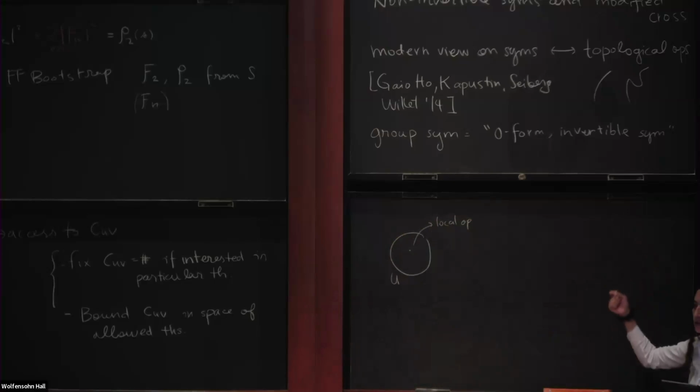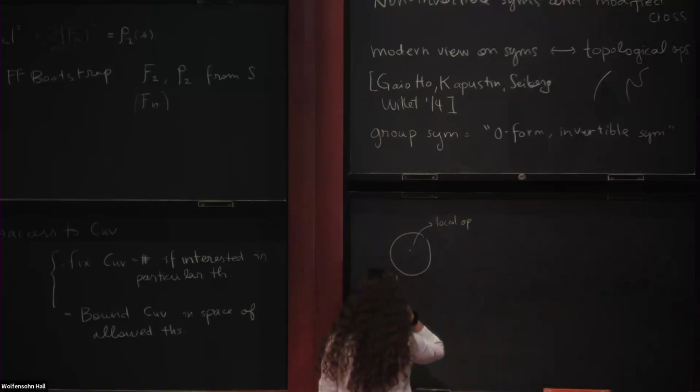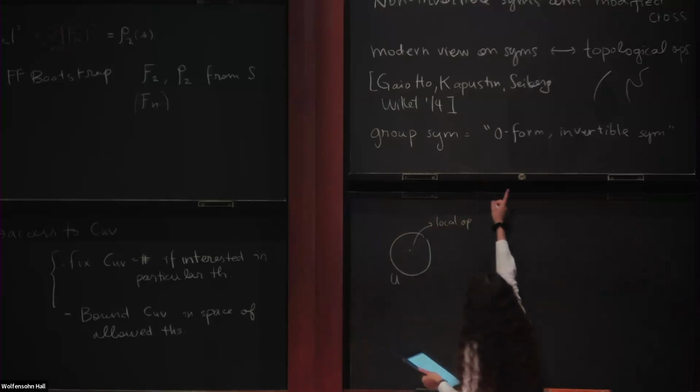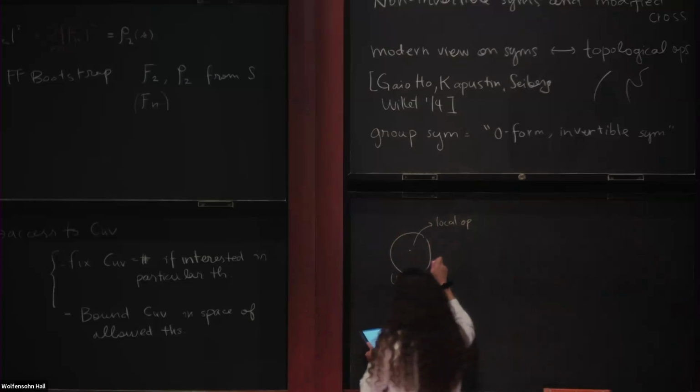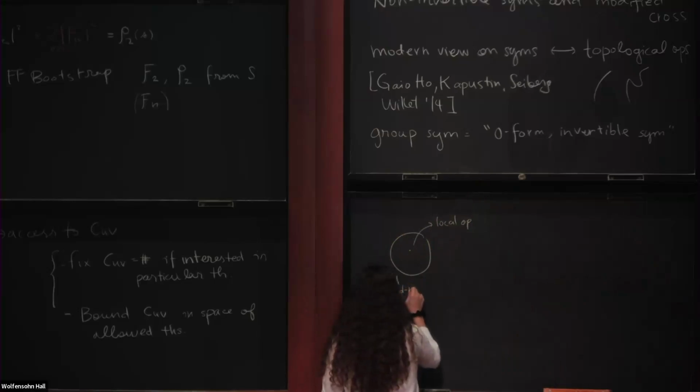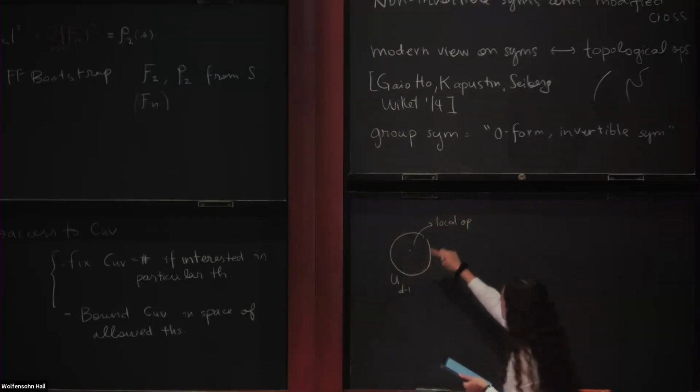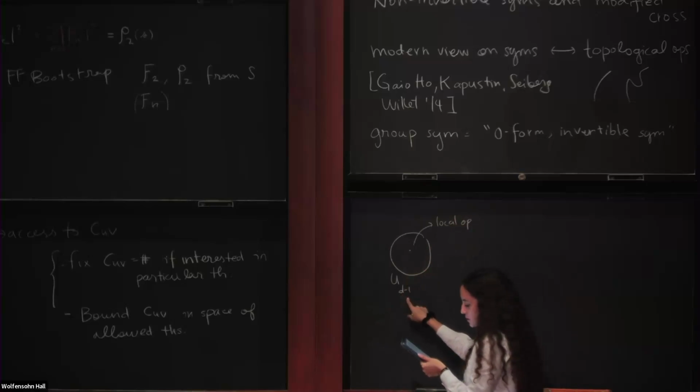You exponentiate the Noether current, and this defines some topological operator. In general it's more tricky, but it's zero-form because it acts on a zero-dimensional object, these local operators. And in general dimension, these topological operators for group symmetries will be d-1 dimensional.